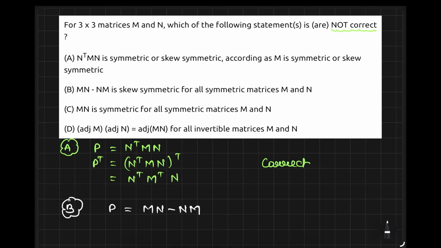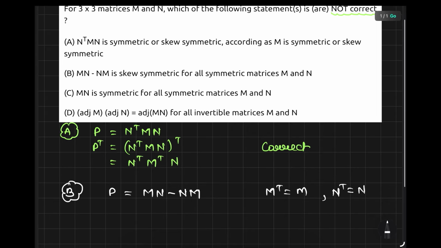So suppose that this is P, and they are saying that it will be a skew symmetric matrix for all M and N symmetric. So suppose that M transpose is M and N transpose is N, so both are symmetric matrices. Then they are saying 100% this is skew symmetric. Let's try to prove it.